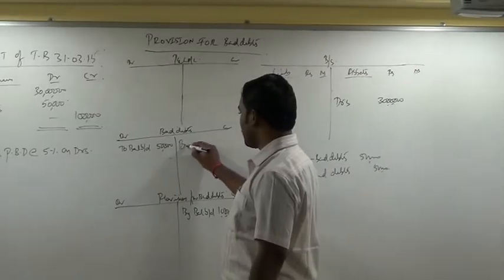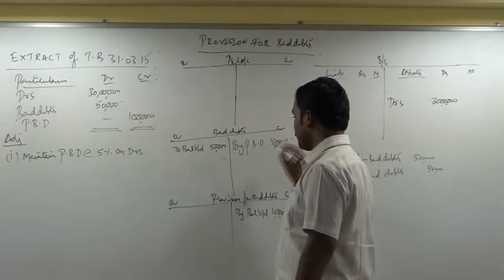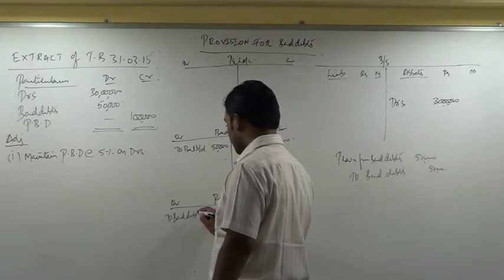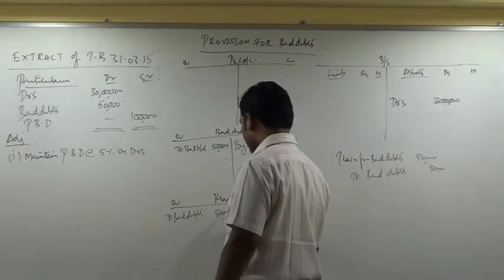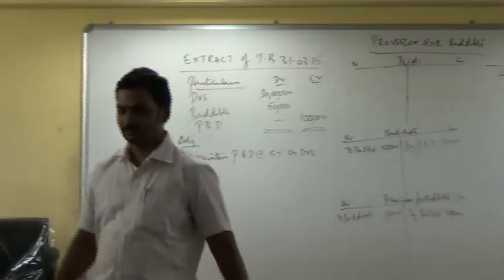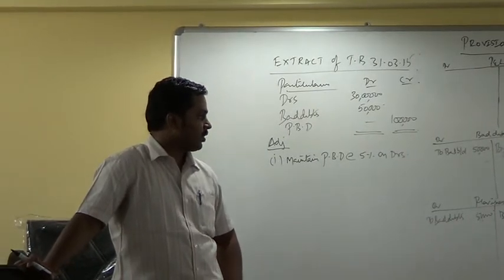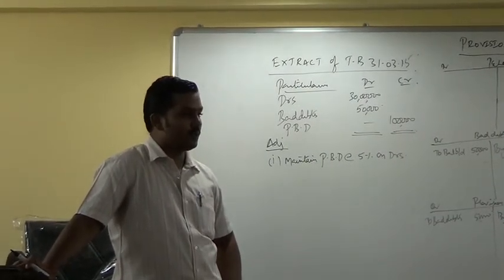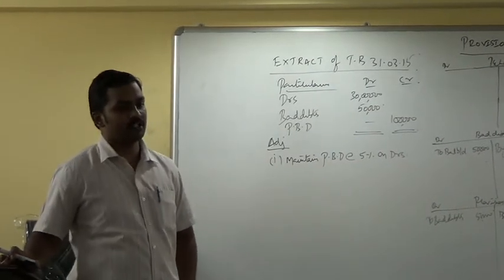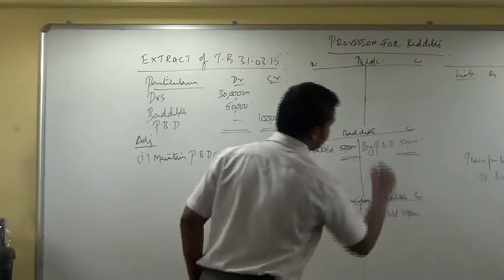Bad debts account will be credited by provision for bad debts 50,000. Provision for bad debts account you can give a debit to bad debts 50,000. Bad debts account you can write a credit by provision for bad debts. With this the story of this account is over.